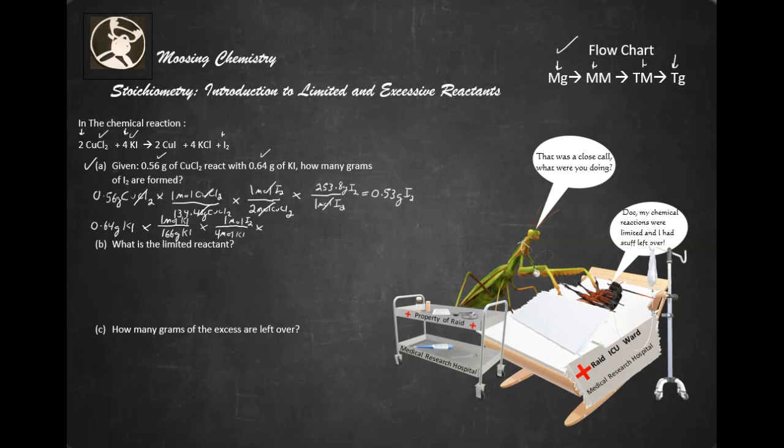Then we're going to convert that from their moles into their grams. So we're going to put 1 mole of I2 on the bottom, and 253.8 grams to be exact of I2 on the top.